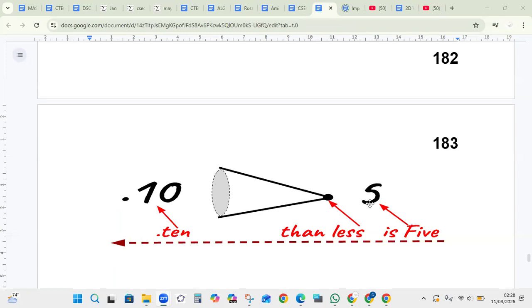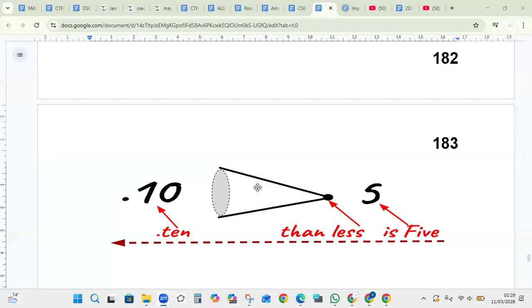So we can start with the 5. See the direction, right to left. We say 5 is, and we see the point. So that's what causes us to say less than. 5 is less than 10. Now it's the same symbol pointing in the same direction, but we are saying two different things based on the direction that we are reading from.